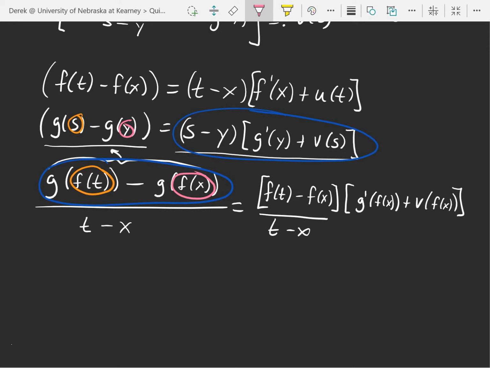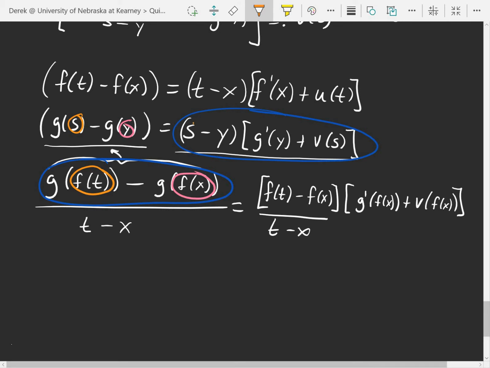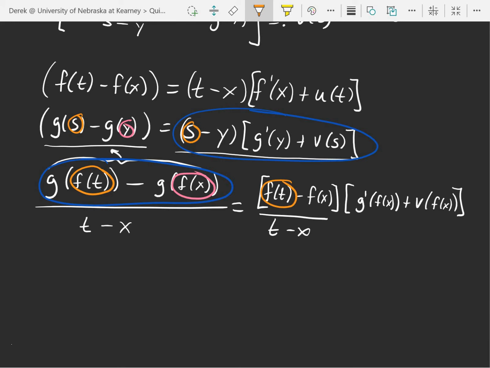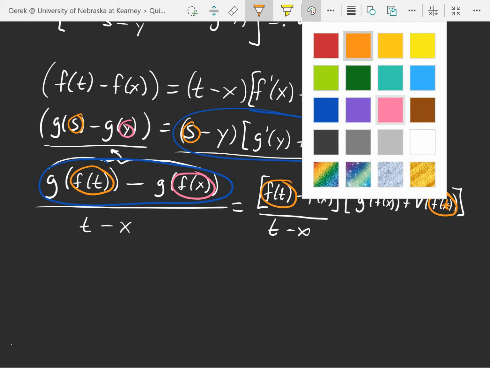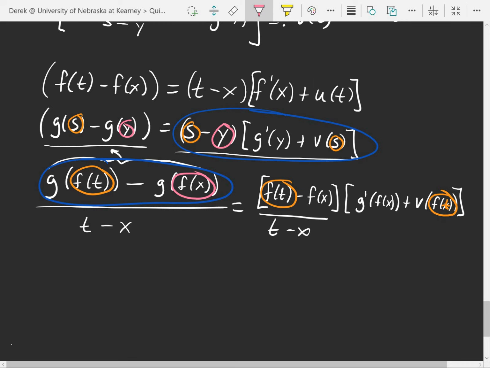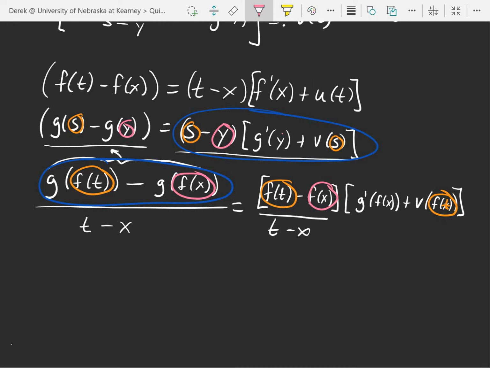So anytime I see an s here, s goes to f of t, and in pink, y goes to f of x.